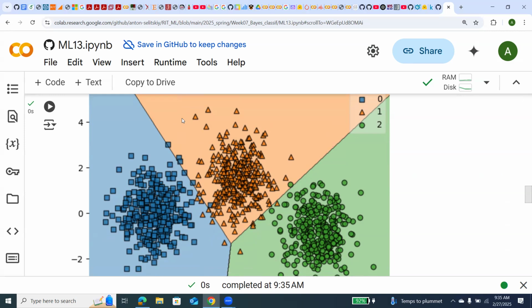So we kind of look separately at our classes. In case of logistic regression, we maximize joint probability. And joint probability looks at all classes at the same time. So that's why it works better.